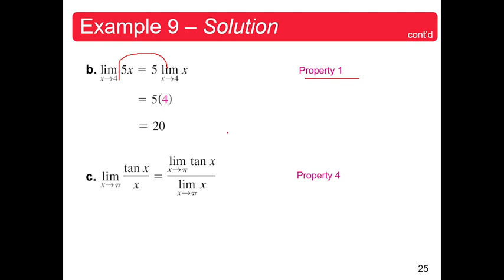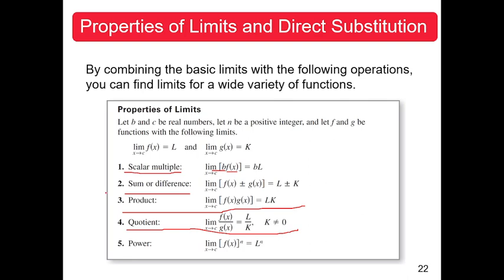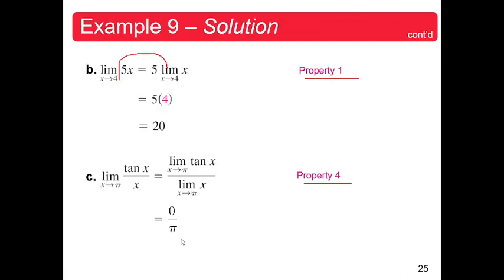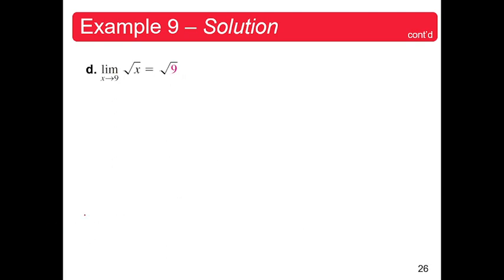This is one of the examples, but I want to show you that from the process that we have, it is from property number 4 po. What is our property number 4? That is our quotient po. Because we have this numerator and denominator that are being divided by each other, right? So the tangent x and the x in your denominator.